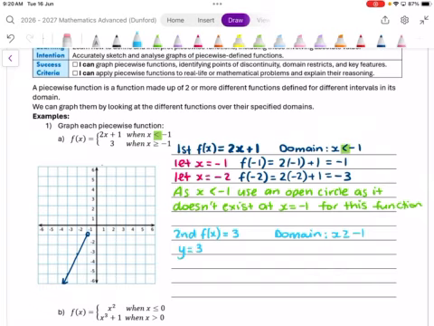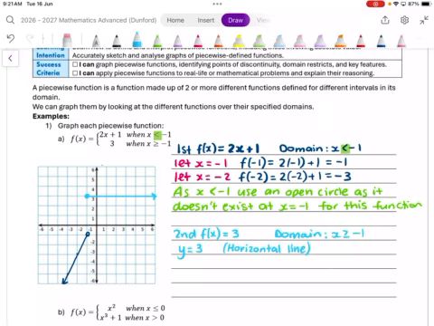From negative 1, I'm going to draw my line y equals 3, which is a horizontal line going across. I'm going to make sure I do my arrow, and I'm going to make sure I do a nice big closed-in circle so that we know that it exists there.